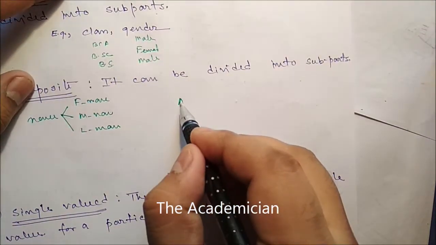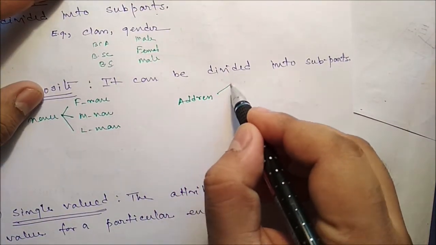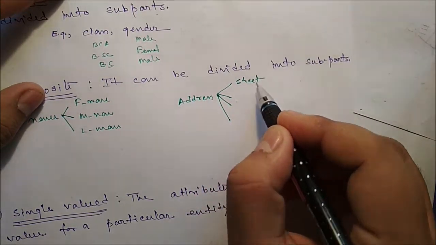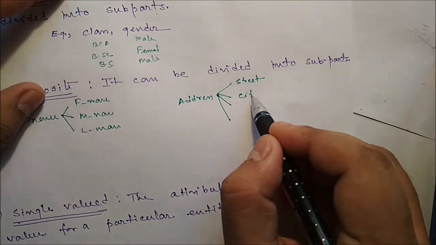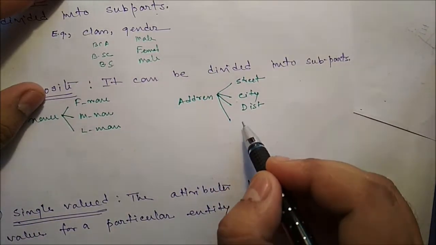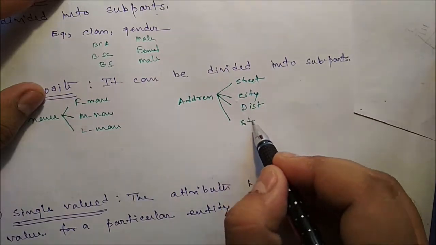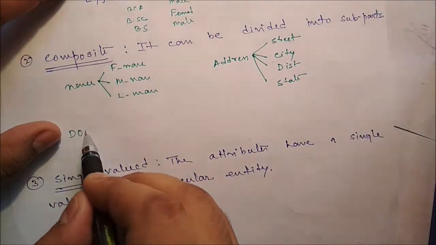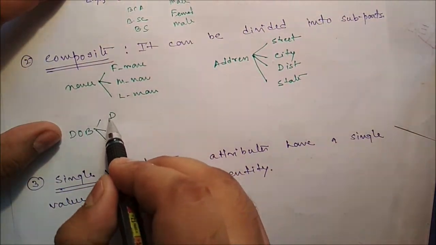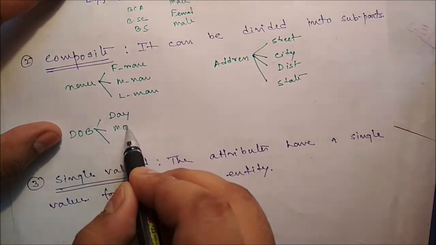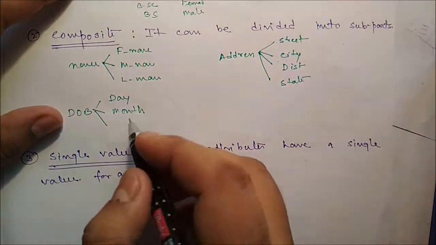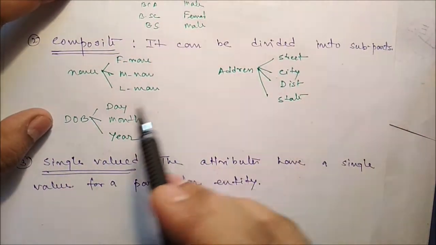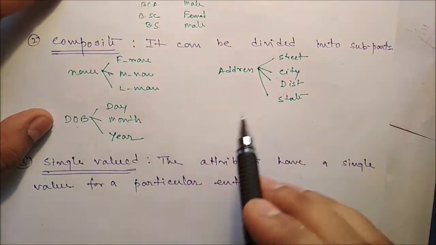Similarly, the address of the student we can divide into a few more parts: street, city, district, state, country and so on. Similarly, date of birth we can divide into day, month and year. So name, address and date of birth are examples of composite attributes.